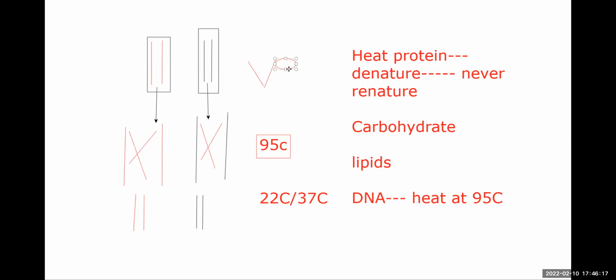So I'm trying to draw, and you take both the DNAs, this DNA and this DNA, and then you heat this tube at 95 degrees. And then you bring the temperature to 22. So you mix these two DNA, heat this tube at 95 degrees Celsius, cool down this tube. It is possible that you can get a hybrid DNA.